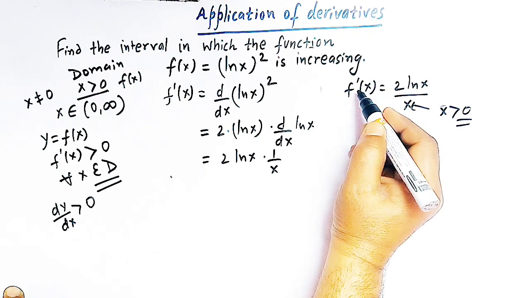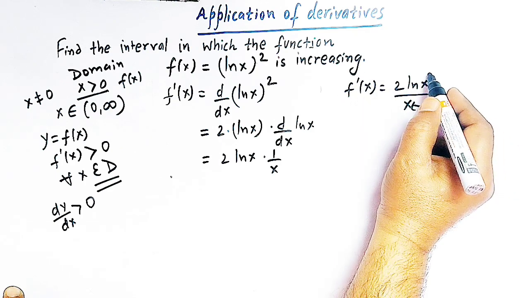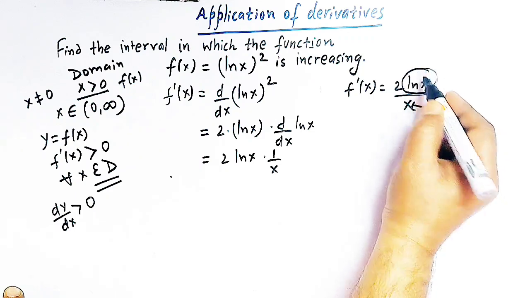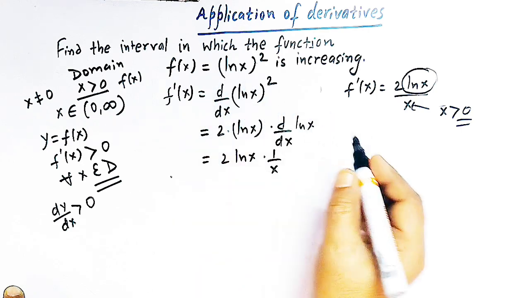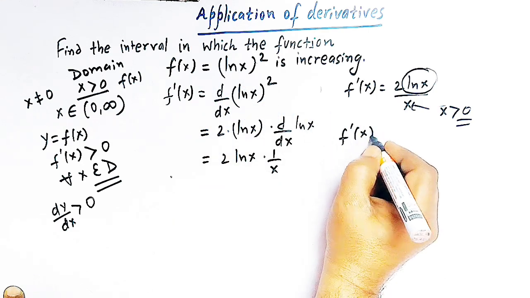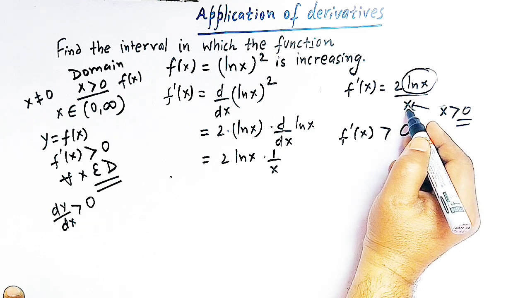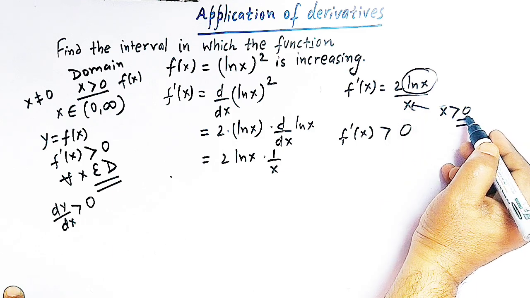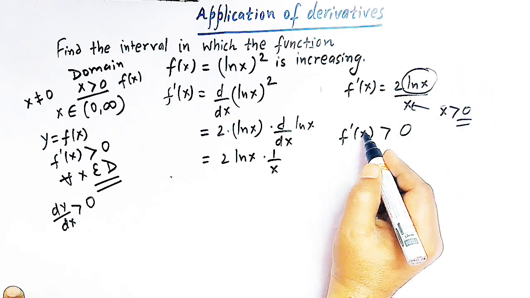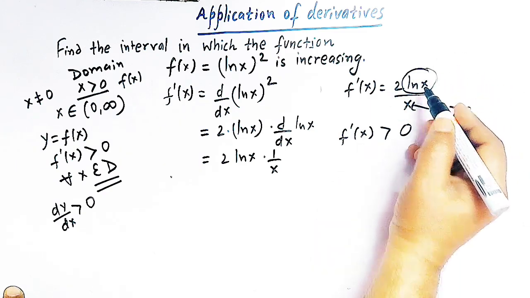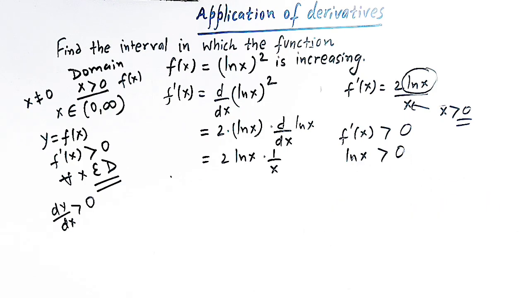So the sign of the derivative, f prime of x, depends on the sign of natural log of x. This function is said to be increasing if f prime of x is greater than 0. Now x is already greater than 0, and 2 is positive. So f prime of x is greater than 0 if natural log of x is greater than 0.